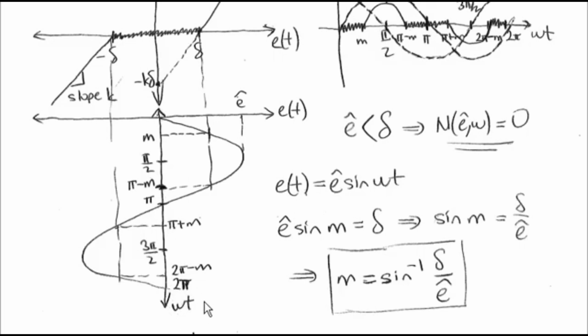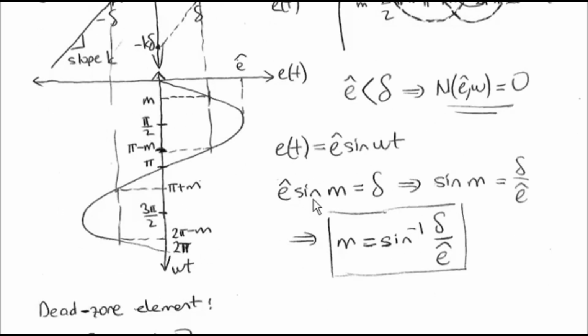So I have to find the value of omega t, which I call m, such that E hat sine omega t is equal to delta. I have to solve the equation E hat sine omega t equals delta for omega t.